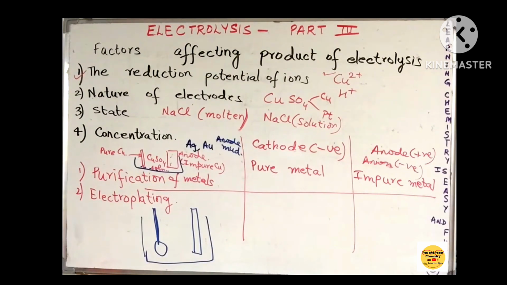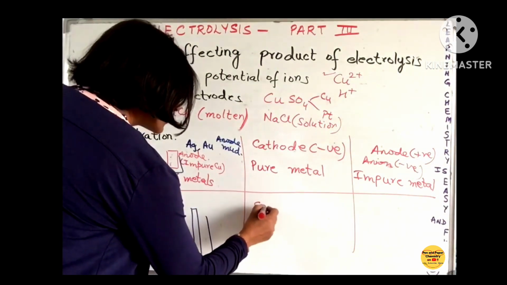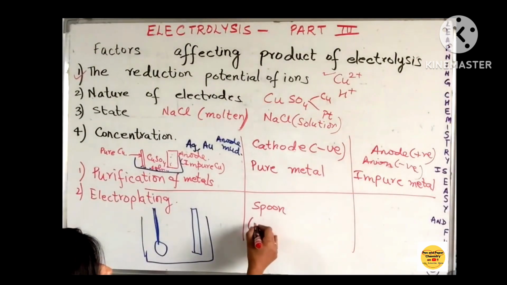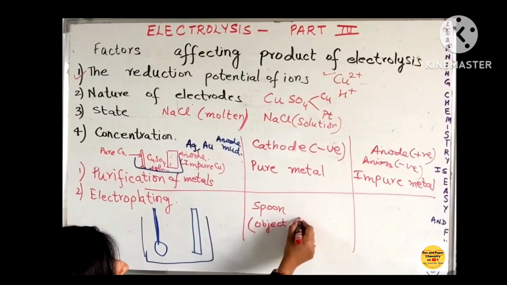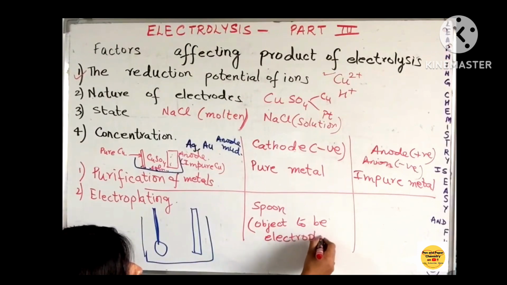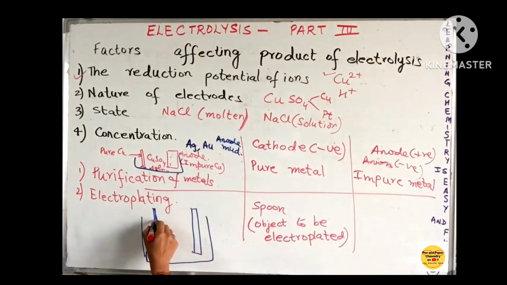It will give you that confidence. Yes, your cathode will be the spoon, or let us put it down as the object to be electroplated, because we are getting the metal to deposit onto it, right?